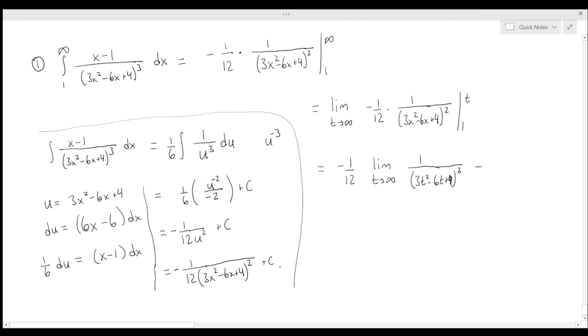And then minus what you get when you plug in 1 for x. So when I plug in 1 for x, I'm going to get 3 minus 6 plus 4, which should leave me with 1, and then squared. All right, so then this part is just going to be minus 1.